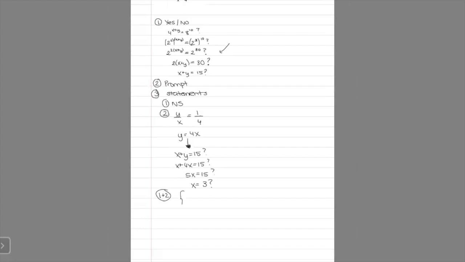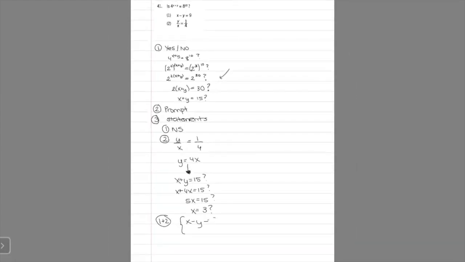It's not really necessary because you can see right away that if you have two independent equations, you will be able to solve for both variables. And we don't really have to do the whole thing just because it's a data sufficiency question. So we're not trying to necessarily find the exact answer. We just want to make sure that we have enough information to answer it.